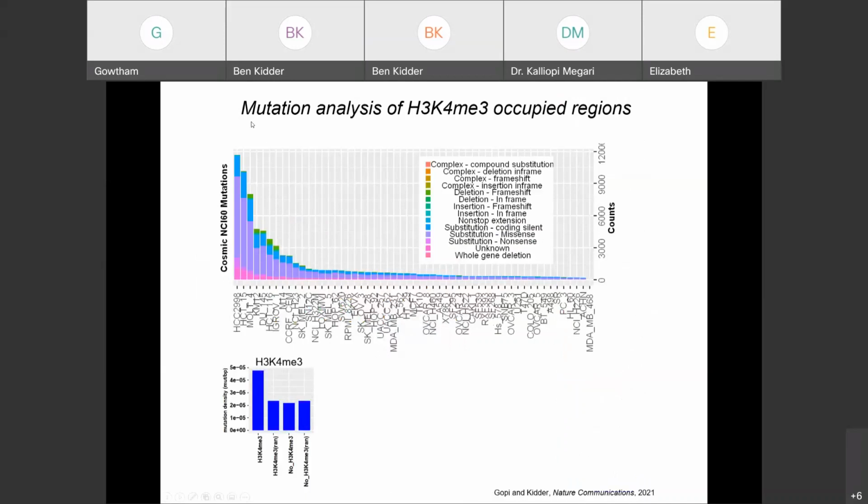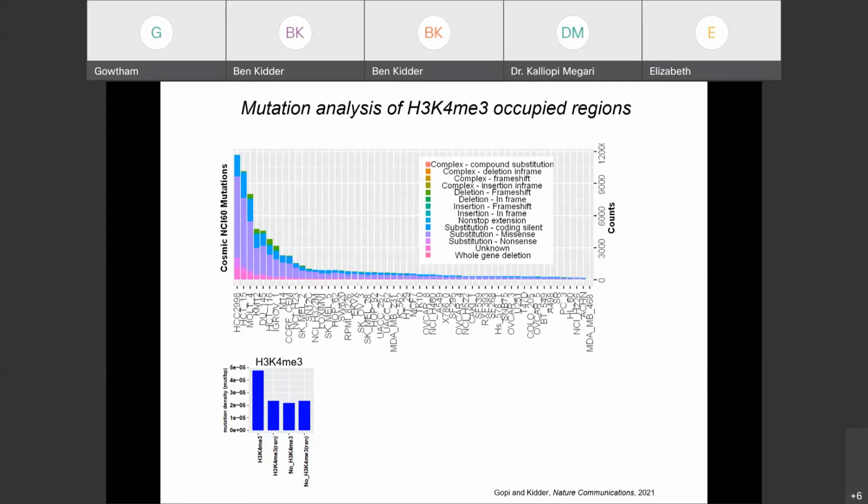So we also looked at the mutation analysis of these occupied regions to see the mutation burden of these cancer cell lines. This plot is just showing the overall mutation count across these 60 cancer cell lines. And we wanted to understand if there's either an increase or decrease, or what exactly is the mutation density of these H3K4 trimethylation peaks relative to other genomic regions.